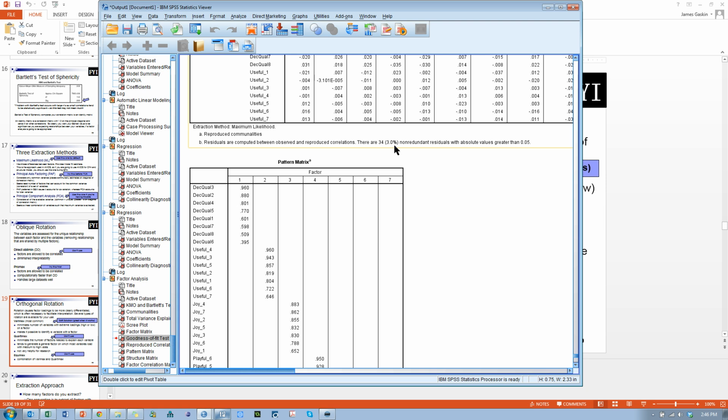So the question is, does the number of items included in the analysis affect this non-redundant residuals value? The answer is yes. It does. Also, your sample size does. The more variables you have, the more potential you have for error. But the more sample size you have, the more potential you have to minimize that error or to cover it up. So if you're going to keep a large scale, then just increase your sample size. If possible, yeah. Okay, thanks.